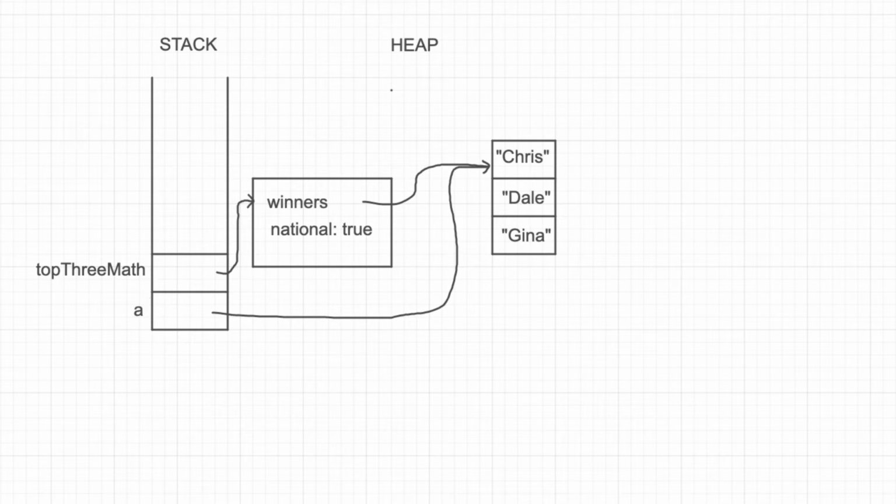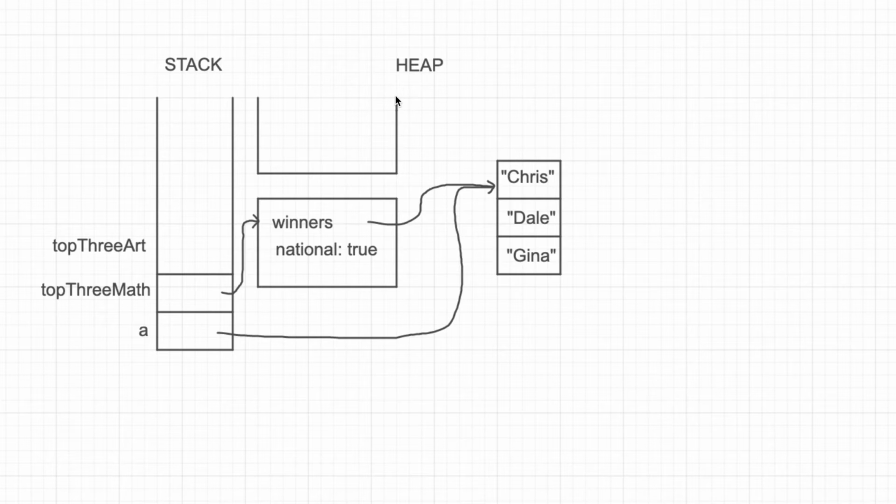And in addition, we created a new variable, top3 art, and we created a new object that referenced the array A. So again, we had the winners, and the winners pointed to A. And we also had a second attribute, national. In that case, it happened to be false. And once this object was created, we were able to assign it to top3 art.